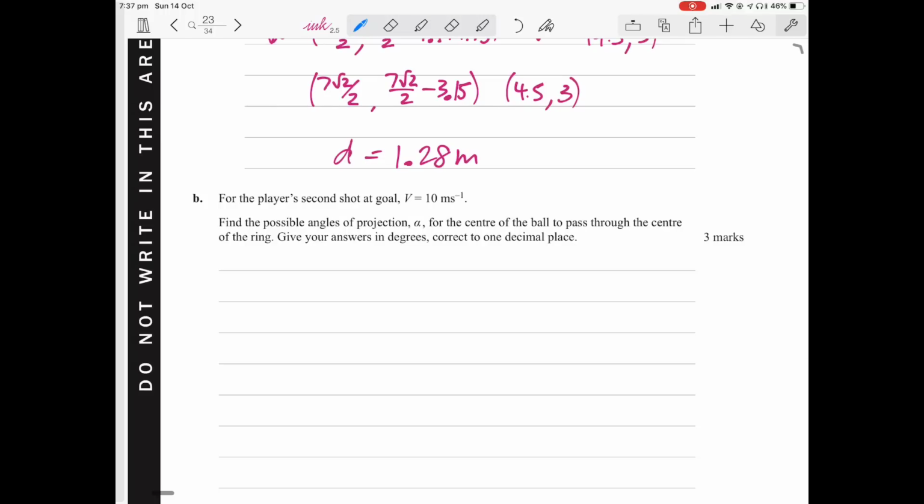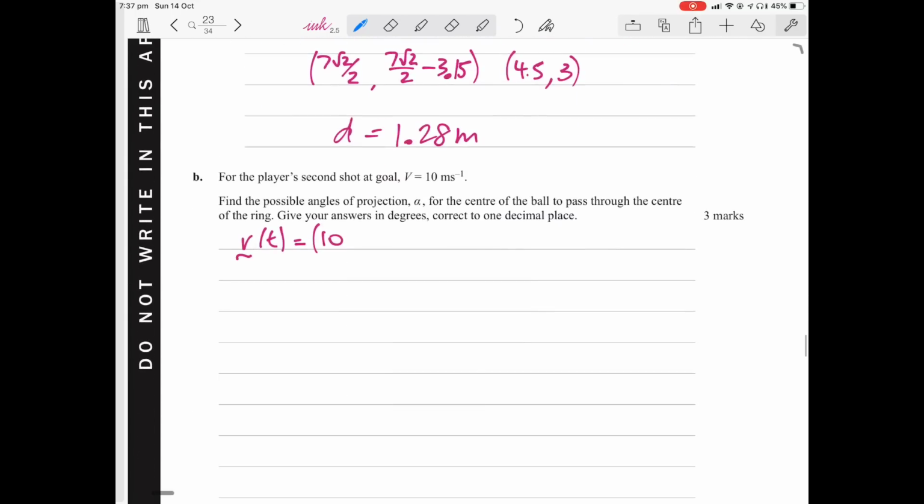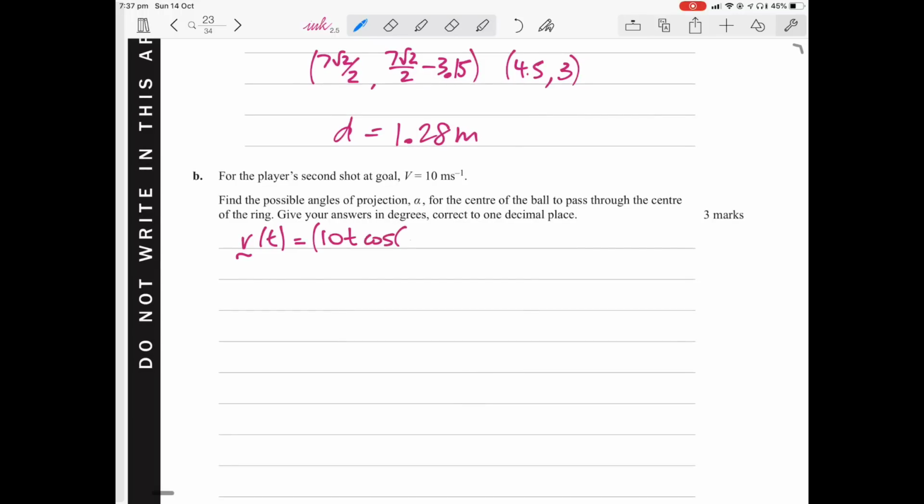For the player's second shot at goal, V equals 10 meters a second. Find the possible angles of projection alpha for the center of the ball. Okay, so r of t is 10t cos alpha i plus 10t sine alpha minus 4.9t squared j.